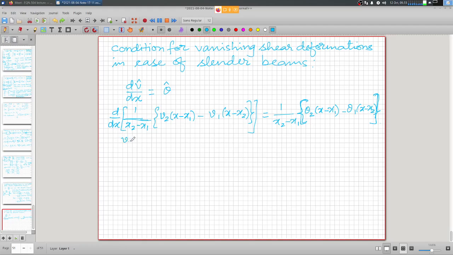So v2 minus v1 divided by x2 minus x1, and this should be equal to 1 over x2 minus x1 times theta 2 (x minus x1) minus theta 1 (x minus x2).